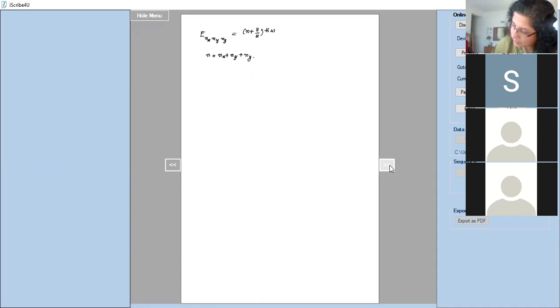The ground state is when nx, ny, nz are all 0, 0, 0. You cannot get lower than that. And then the first excited state could be this, or this, or this.